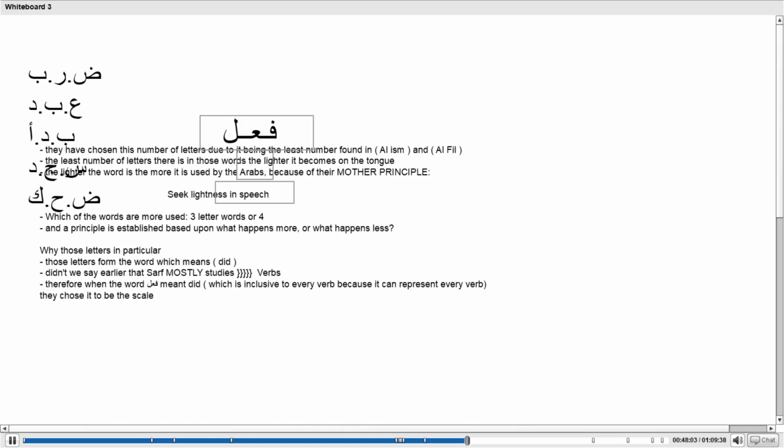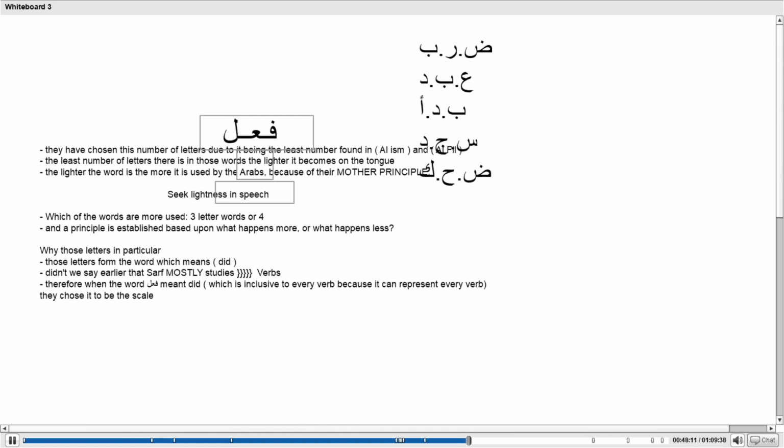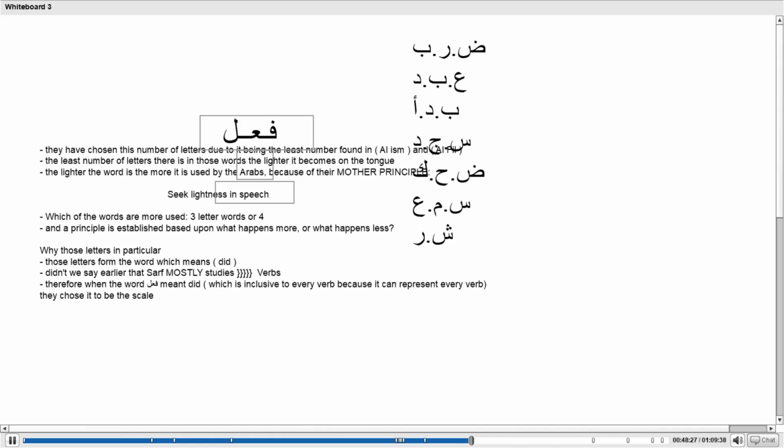Hold on. And the Sin, Mim, and the Ain, and the Shin, Ra, and the Ba, and the Kaf, for example, and the Ba and the Ra. Bear with me, please.